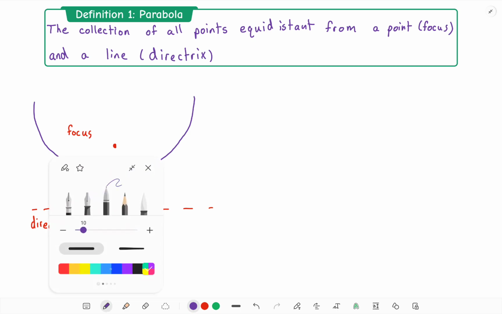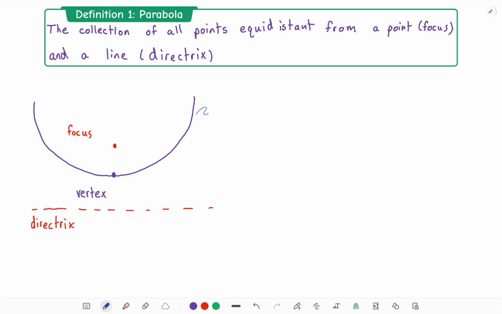So what I mean by the same distance is that if I pick a random point over here, let's call it x comma y, the distance from the focus to this point, which I'll call D1, is equal to the distance to the directrix, which is called D2. Now, my picture isn't perfect because it does look like D2 is a little bigger, but in reality, for a parabola, those two distances would be the same.